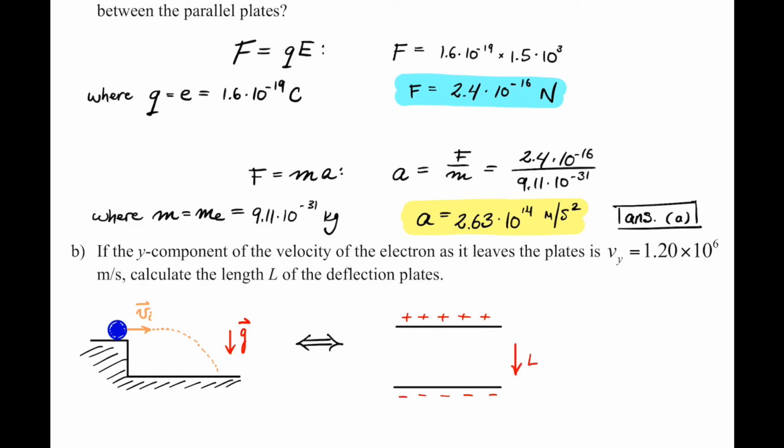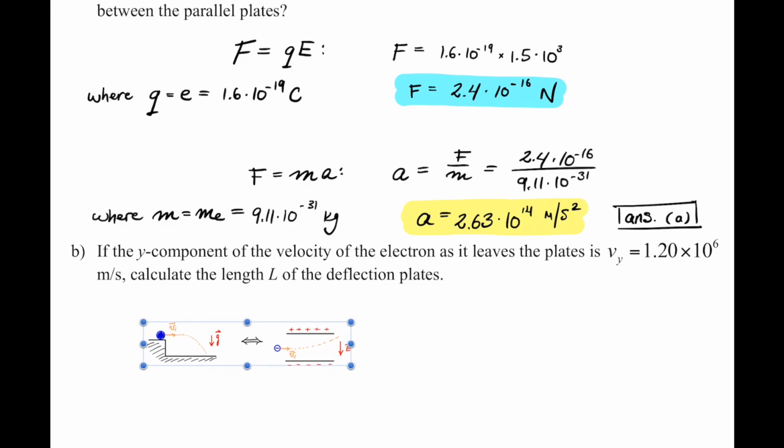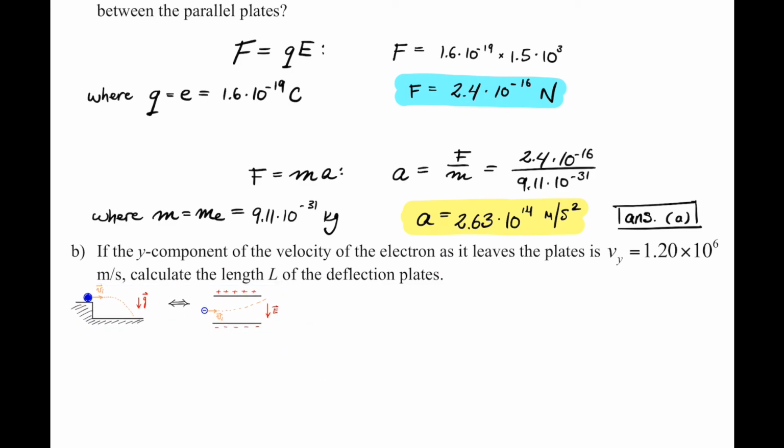In a constant electric field, it will experience a constant upwards acceleration. Coming in with a horizontal velocity, it will move upwards in a parabolic trajectory due to the acceleration caused by the electric field. As such, we will treat this problem exactly like a projectile motion problem from mechanics.